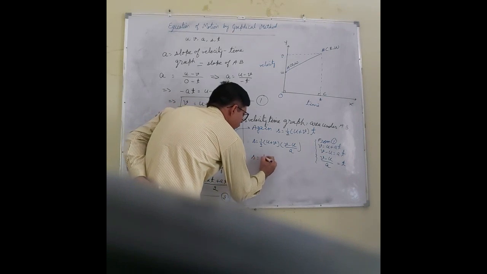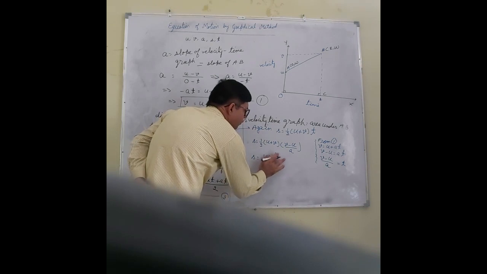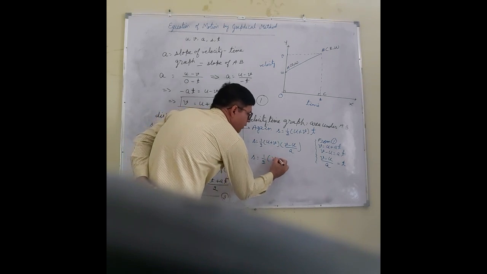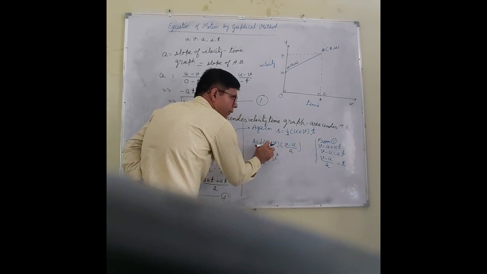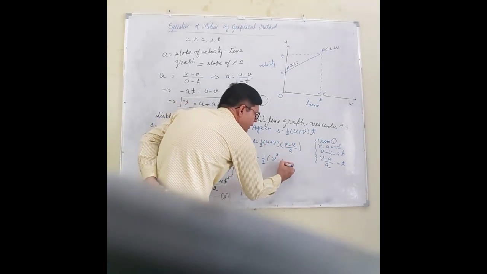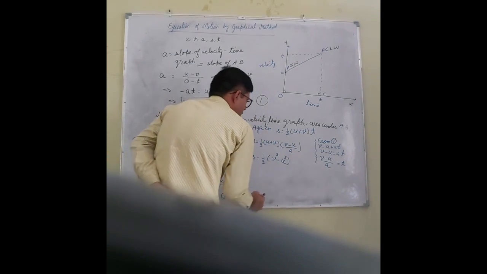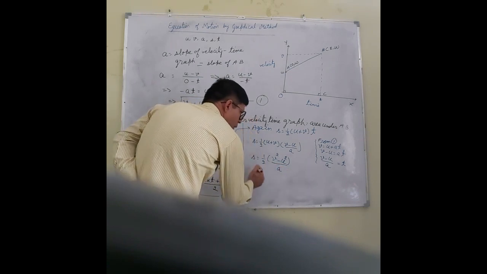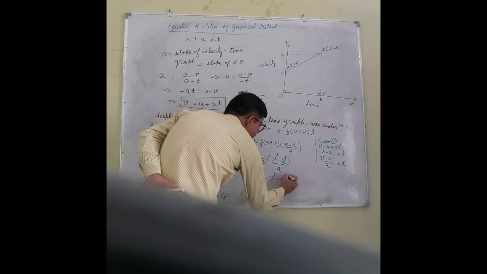Here, x is V, which is positive, so I will have V square, and U is negative, so I write minus U square, divided by A. Now cross multiplying, 2AS equals V square minus U square.